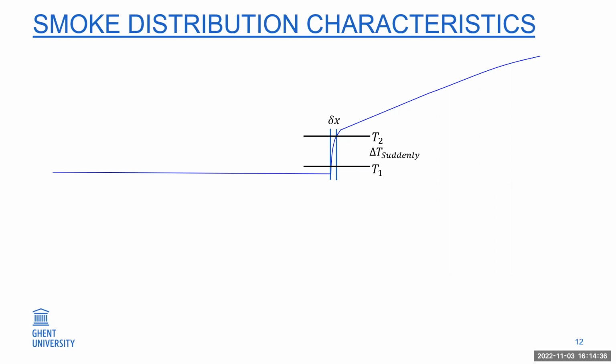So if we can fix the temperature between T1 and T2, and let one location be fixed at this temperature, we can let the smoke front be fixed at this location. So then we can control the smoke front by controlling the temperature.